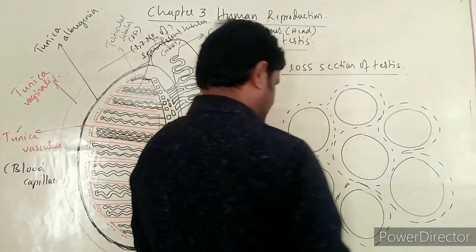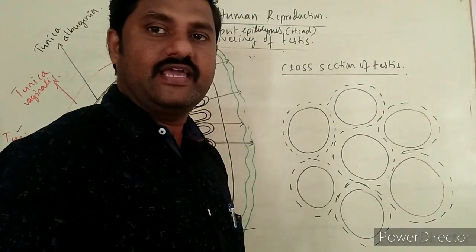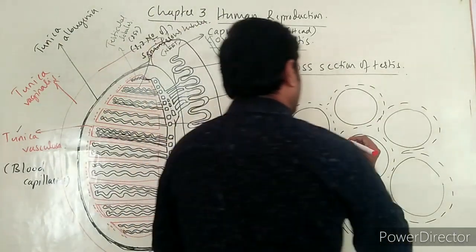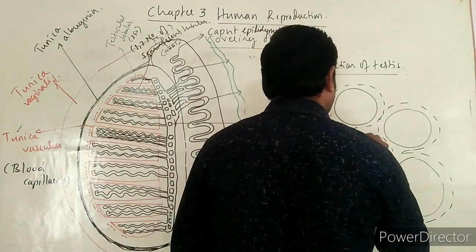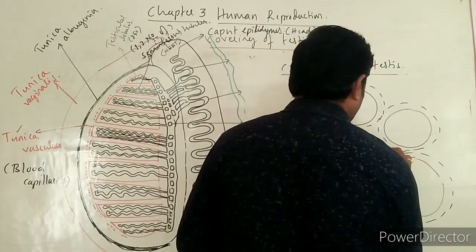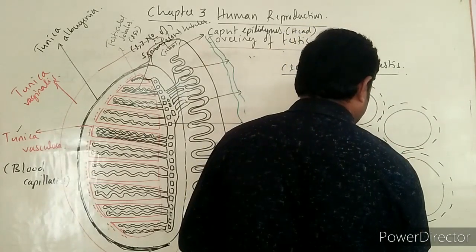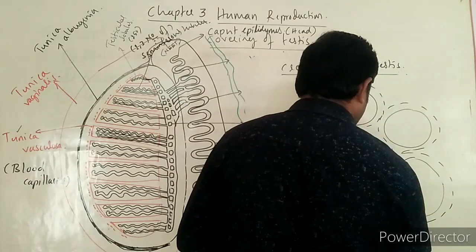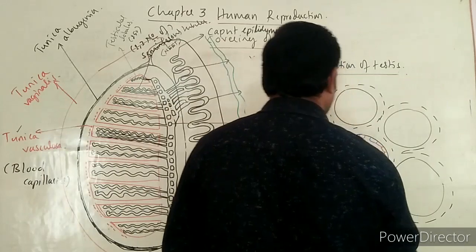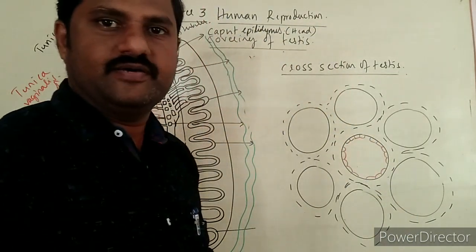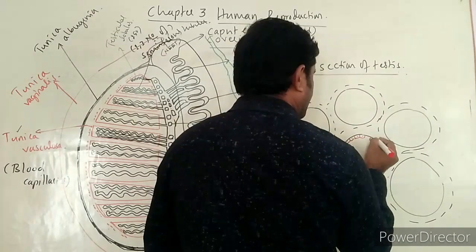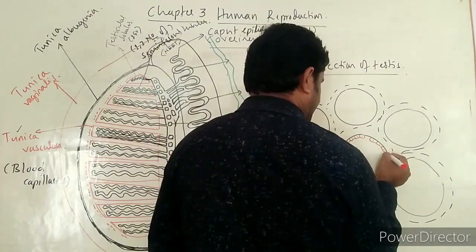The wall of each seminiferous tubule is lined with the germinal epithelium. What is it called? Germinal epithelium. Those germinal epithelial cells are cuboidal cells.